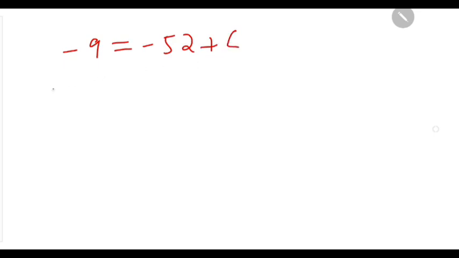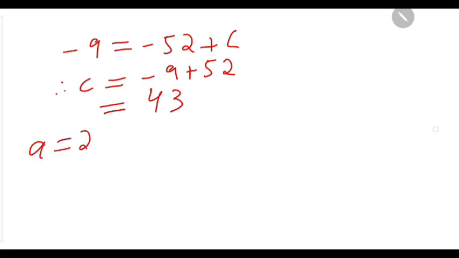Now therefore the c is going to be equal to, -52 when I switch over this side becomes positive, plus 52, so the answer is going to be 43. So therefore a is equal to 21, b is equal to -60, and c is equal to 43. We proved.